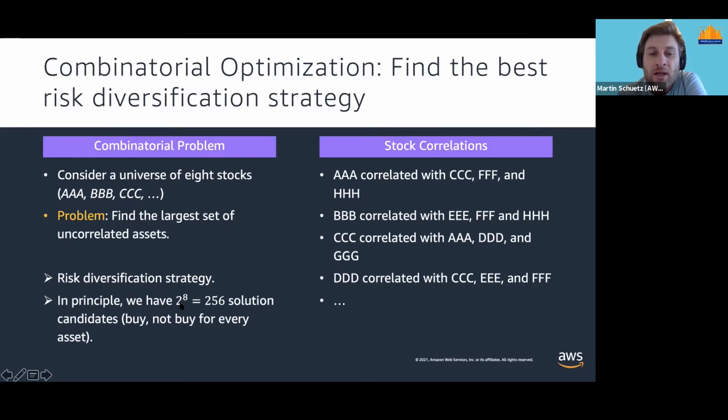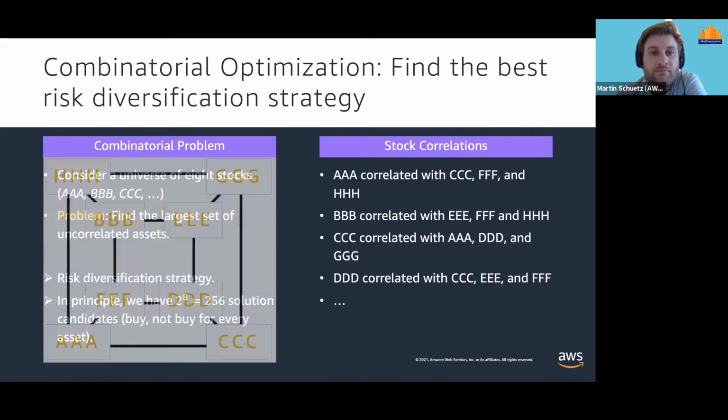So for 100 assets, you would have 2 to the n potential solution candidates. That is a number that you cannot go through on an individual brute force basis. Together with the fact that this list of historic stock correlations becomes tedious and unhandy very quickly.